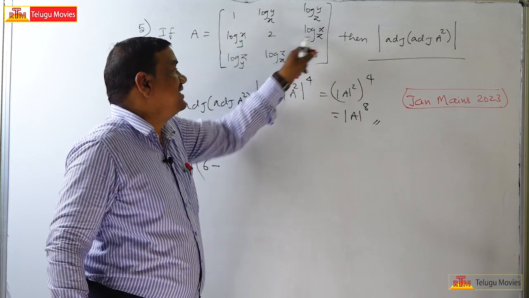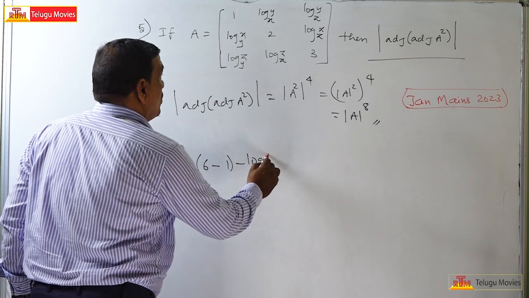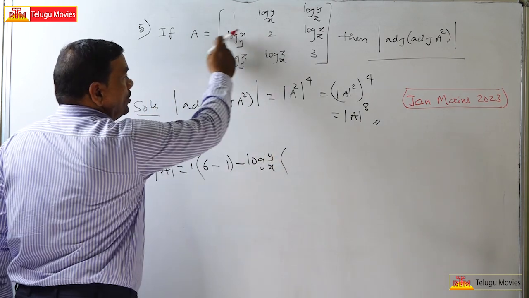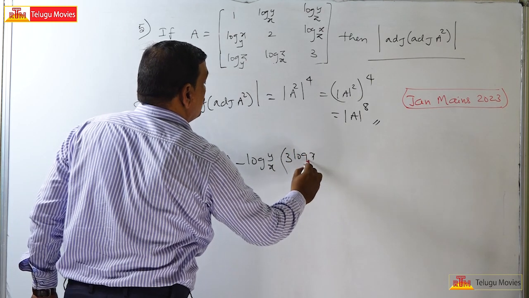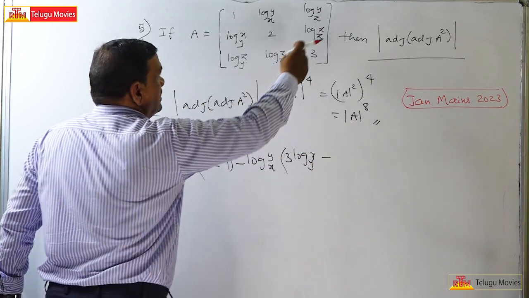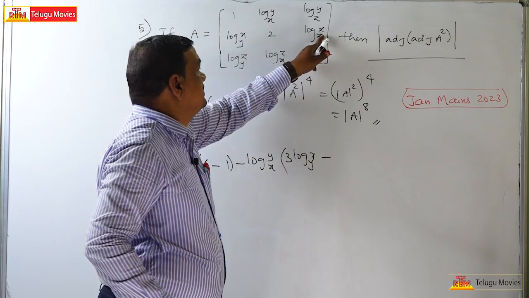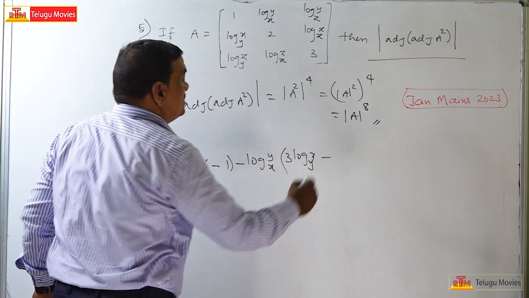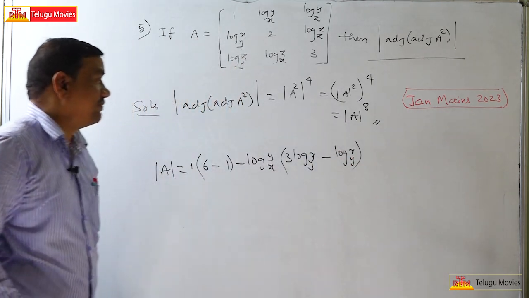So here it is 1, minus log y to the base x into these two, we will multiply. So 3 times log x to the base y minus, see here, this becomes log x to the base y.